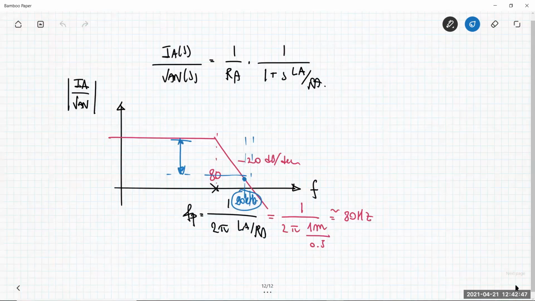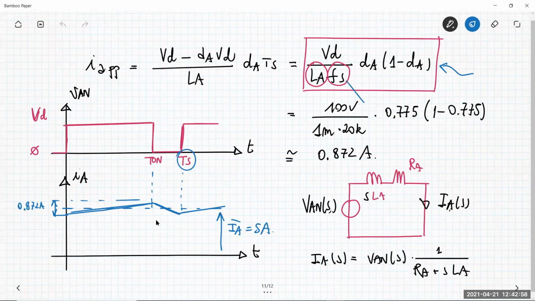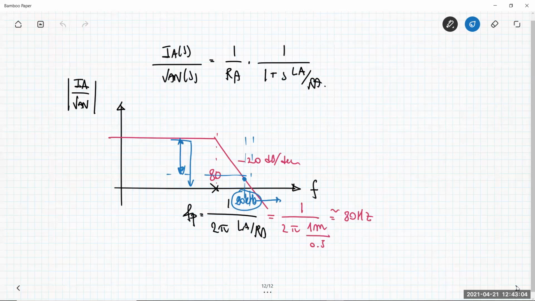Basically, if you increase the switching frequency, you are able to increase this attenuation. This is exactly the same result that I found out here. Increasing Fs, you can have a smaller peak-to-peak ripple. Or maybe you can increase LA. If you increase LA, it means that you are changing the position of this pole, moving it to the left, and so you are having a better filtering action.